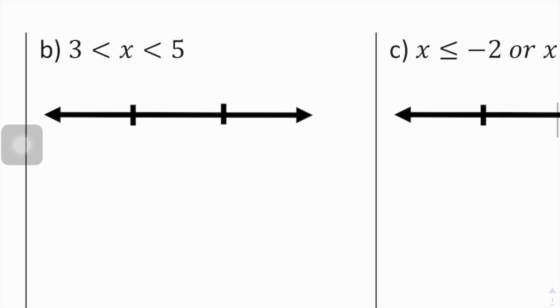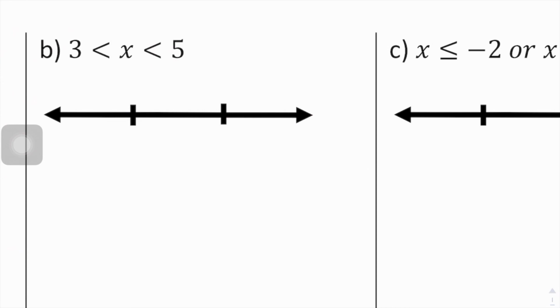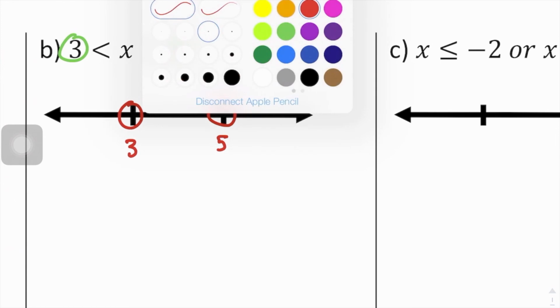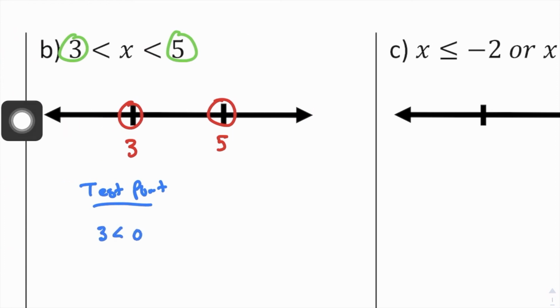Next one, we have a compound statement. It has two critical points, 3 and 5, and both of them are going to be open. I'm going to choose a test point. Let's choose 0 again. So is 3 less than 0, less than 5?